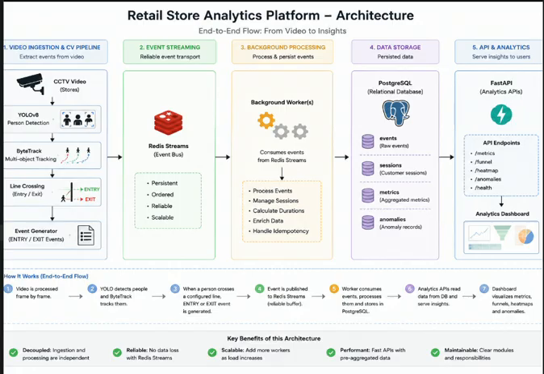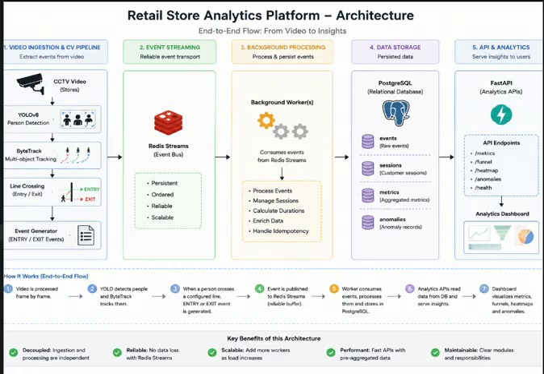To resolve this problem, I use ByteTrack. It follows each person from frame to frame and assigns them a unique ID to avoid that same-person issue. Finally, once a person gets a unique ID, we generate a simple, meaningful event like an entry or an exit, whenever the person enters or exits the store.